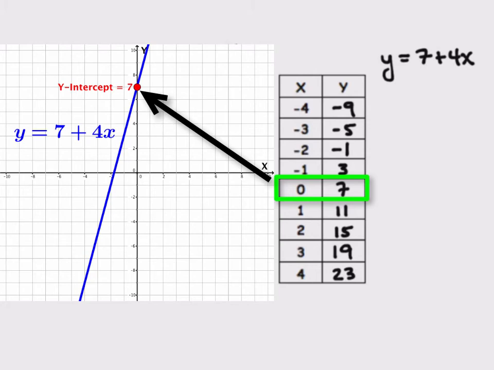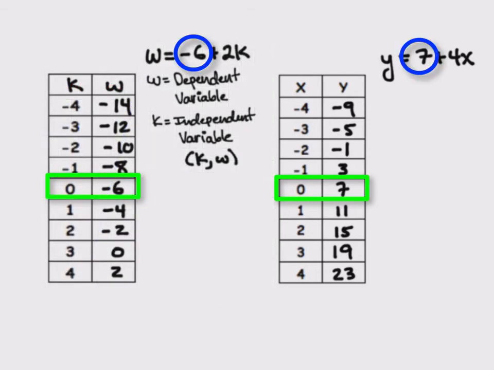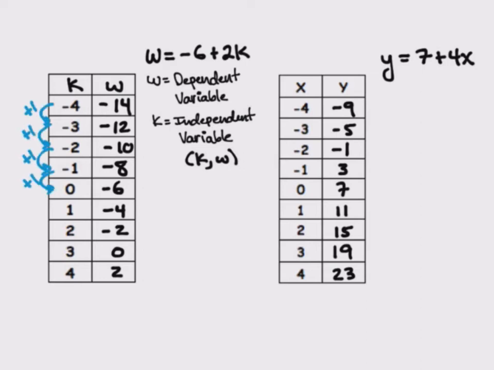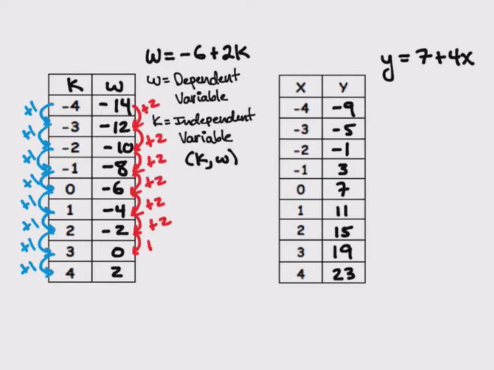So one more reason that this ordered pair is so important, but also really easy to find with this form of the equation. For our first equation, note that every time our input goes up by 1, our output goes up by 2. And that's because of this 2 in our original equation.